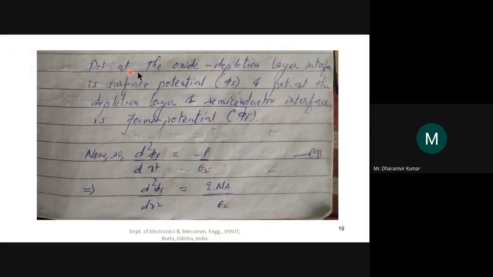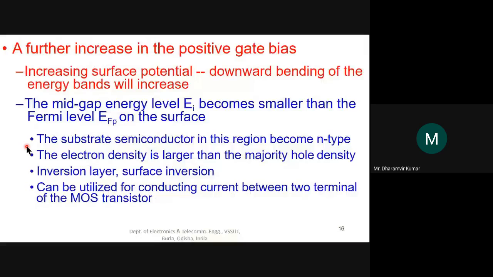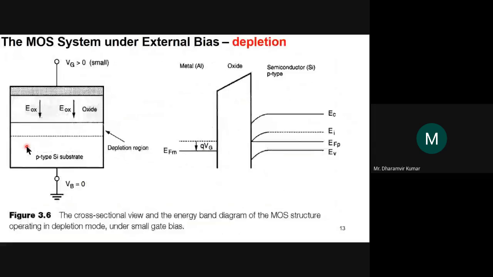Now, the potential at the oxide depletion layer interface is the surface potential, and the potential at the depletion layer and semiconductor interface is the Fermi potential. If I go to that diagram, look here. There are basically two surfaces. One surface exists between the oxide and the semiconductor.